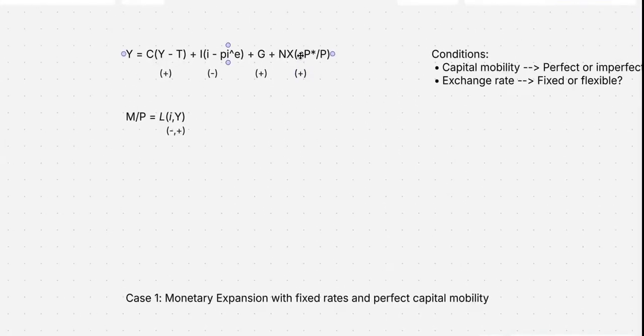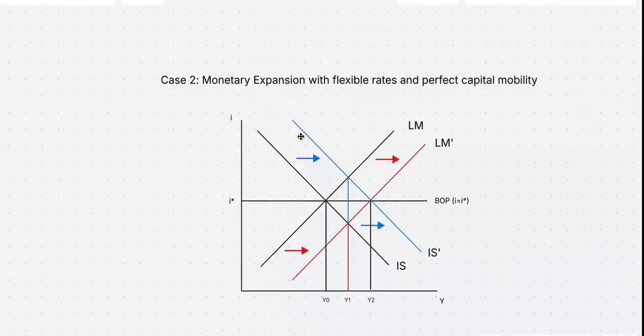When there's an upward pressure on the exchange rate, we can see that because the exchange rate is positively correlated with net exports, an increase in the exchange rate will lead to an increased amount of exports. This ultimately ends up shifting the IS curve to the right.